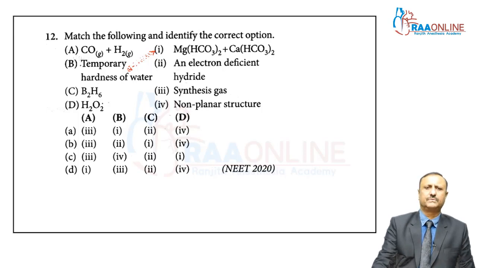Now, I will also teach you B2H6 is the electron deficient hydride.